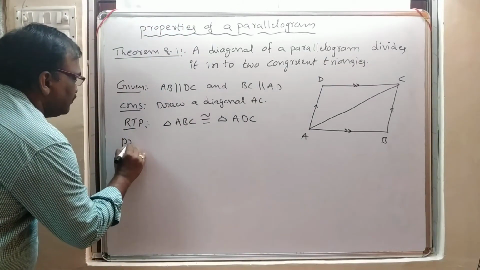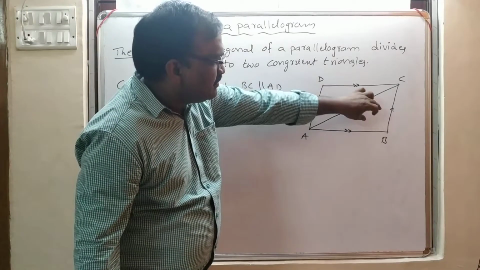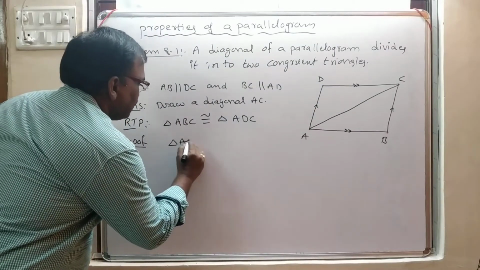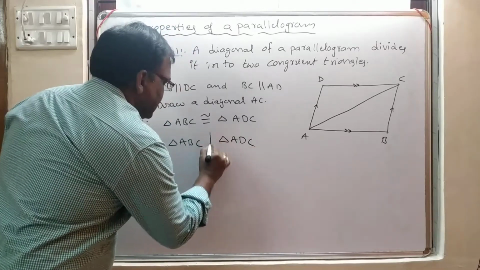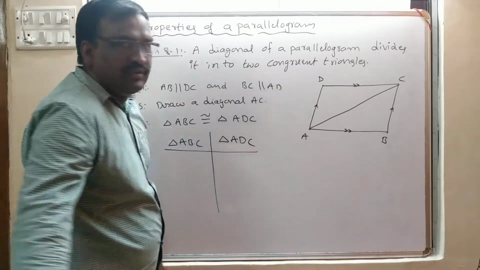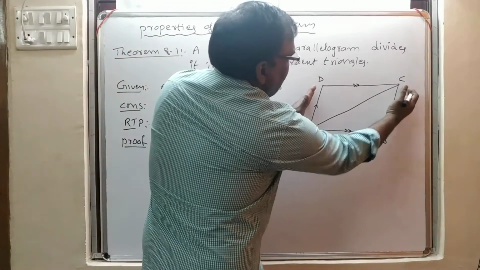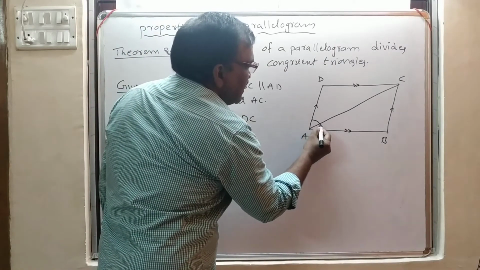See the proof. Observe the triangles ABC and ADC. See, these two are parallel lines. This is a transversal. What about these two angles?